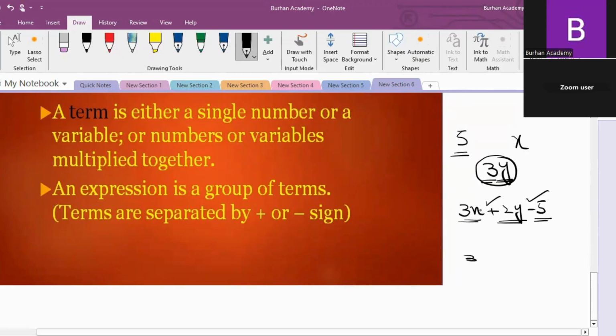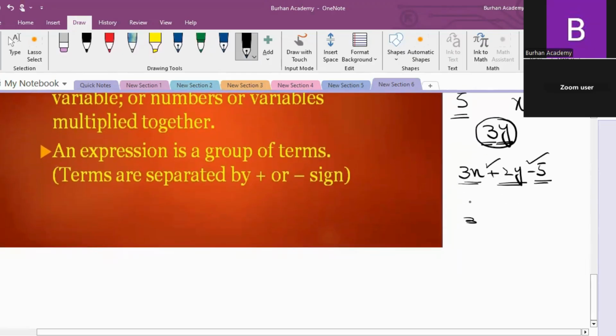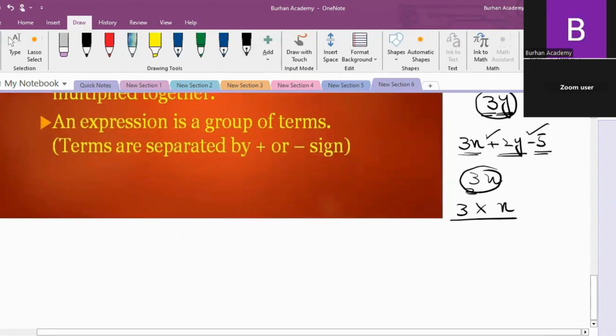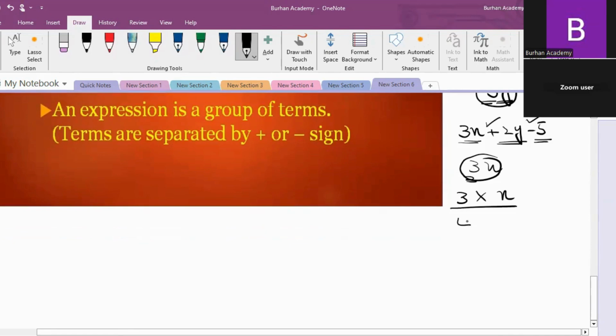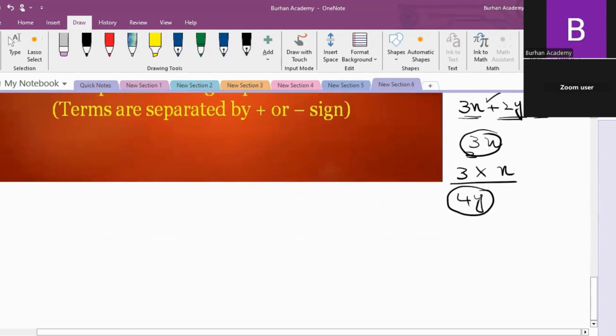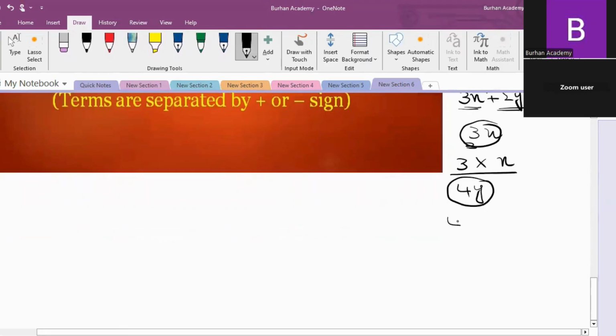Look at 3x. It is a single term. Here, 3 is being multiplied by x. And if I write 4y, it is a single term, where 4 is being multiplied by y.